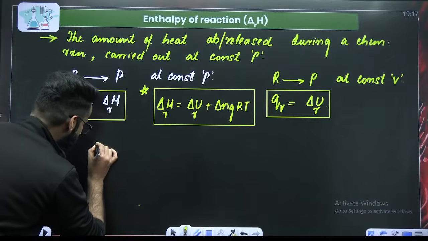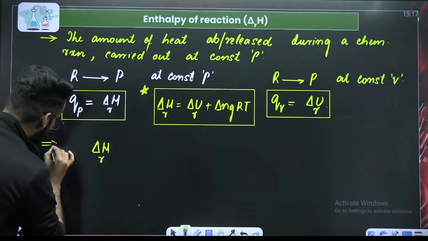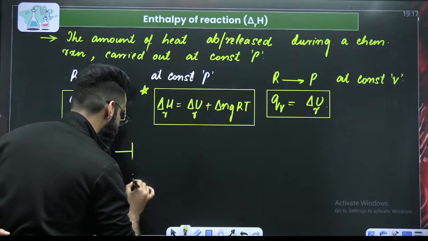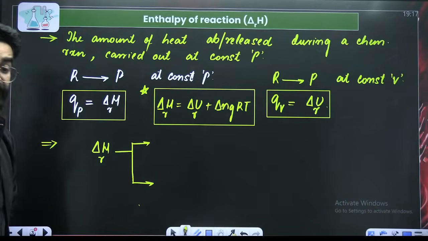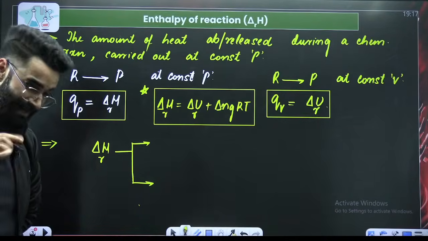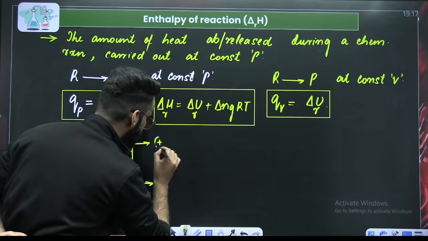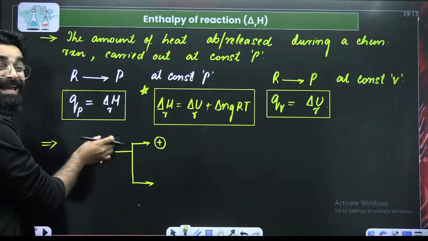My dear students, based on the sign of delta H, we classify reactions into two types. Remember it. Those reactions whose delta H is positive. What is delta H? Enthalpy change.